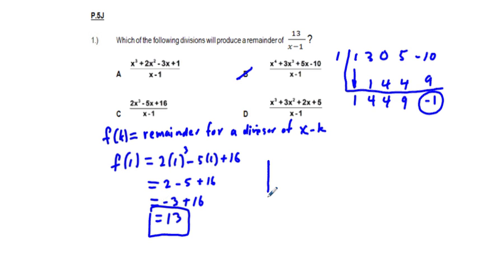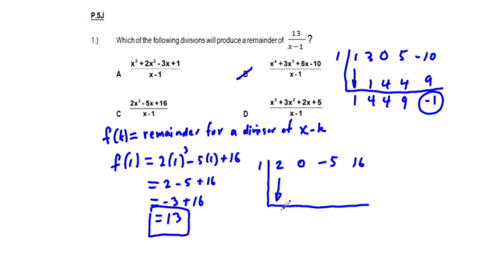And with synthetic division, I think a lot of people have to do synthetic division. If we have 1 here, then 2, 0, negative 5, 16, we have 0 because of 0x squared.